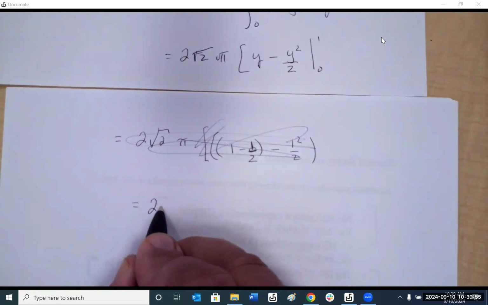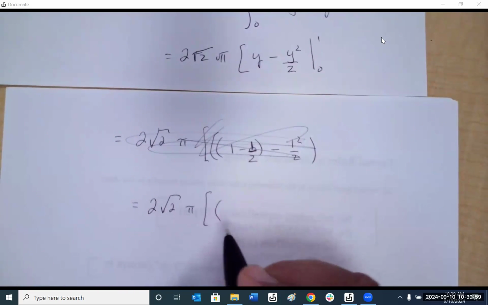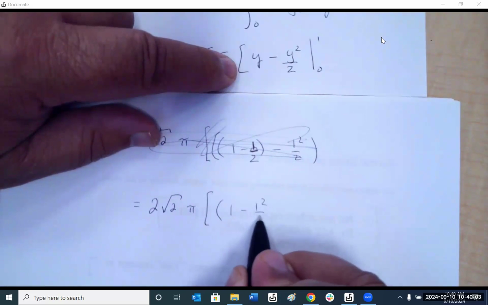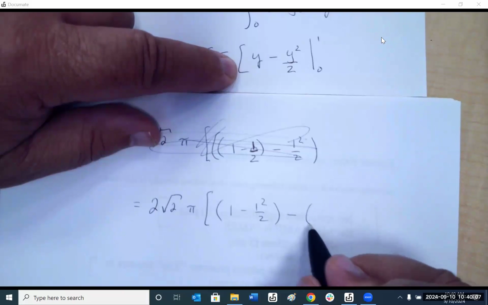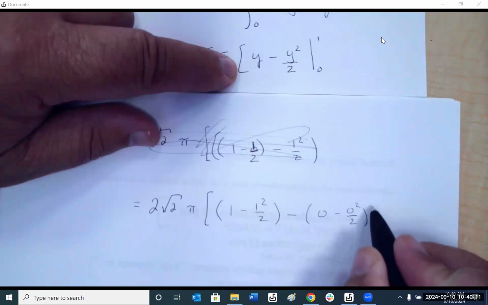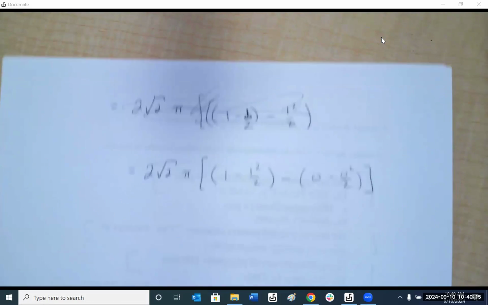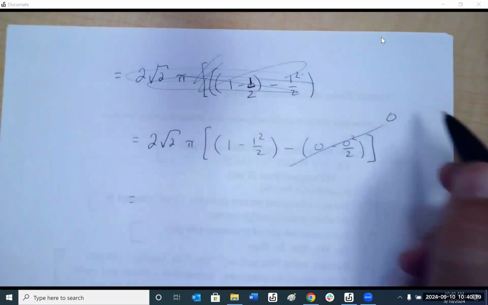So it's 2 radical 2 pi. So I have 1 minus 1 squared over 2 minus 0 minus 0 squared over 2. So that disappears, that becomes 0.